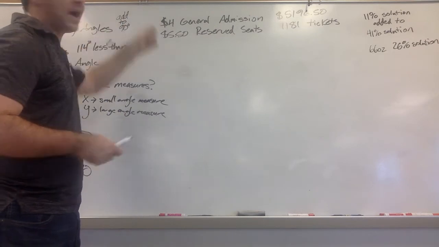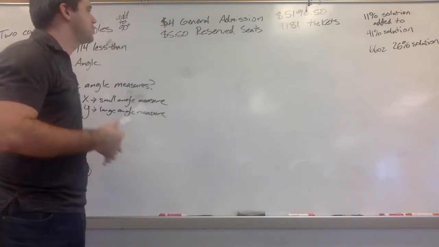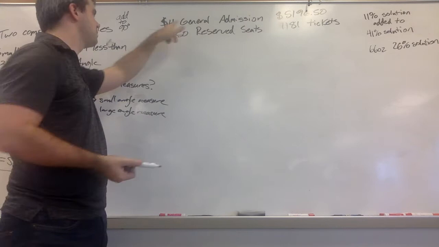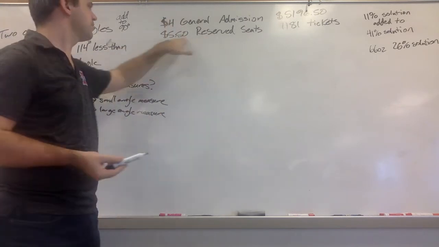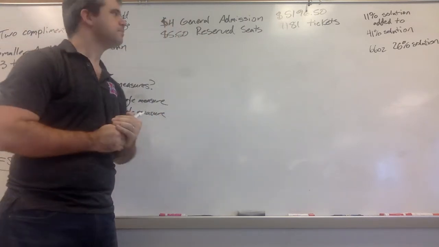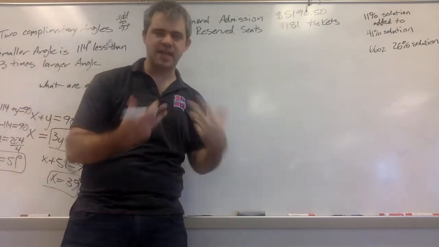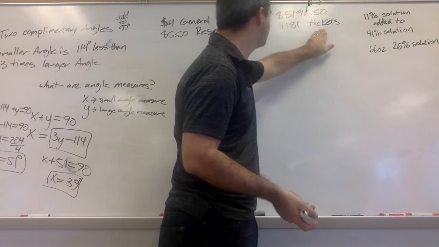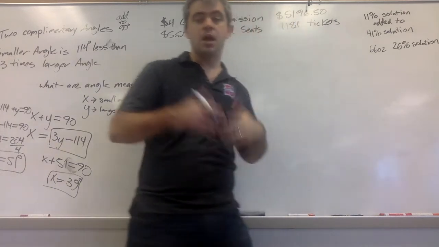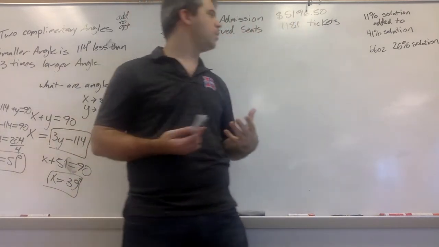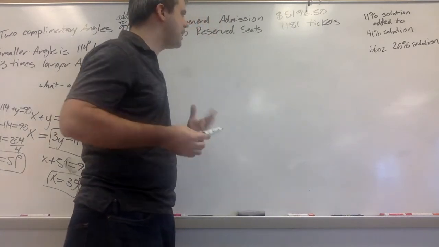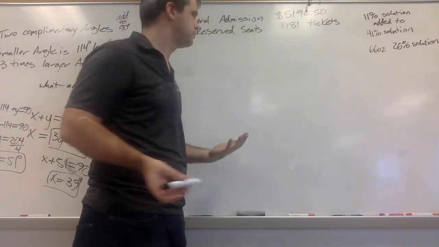So I've got this event, and there are 2 ticket prices. There's general admission for $4, reserve seats for $5.50. Now, at the end, when they count the tickets and count the money, they say, hey, we have this many tickets and we have this much money. So what I want to know is how many of each ticket type were sold.